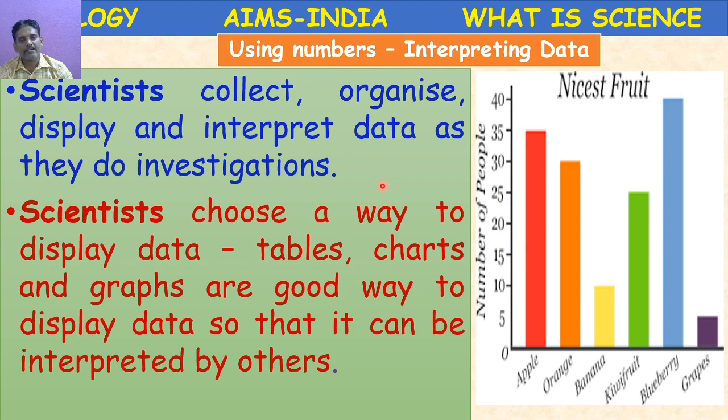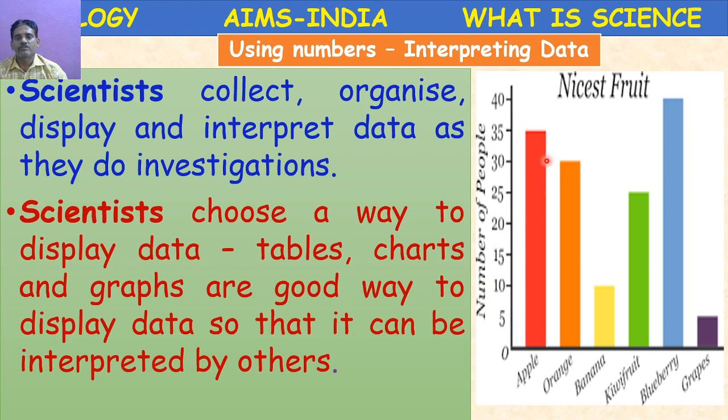Interpretation means the data which is collected must be compared and expressed in a single unit. So the data collected by that one student, he placed it in the form of a bar graph, comparing the opinions of different people. On the x-axis he has taken different types of fruits, and on the y-axis the number of people he met.